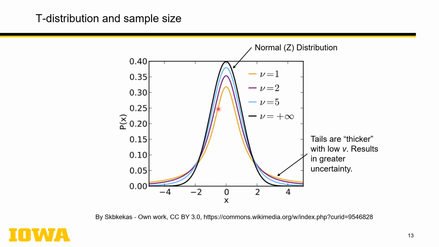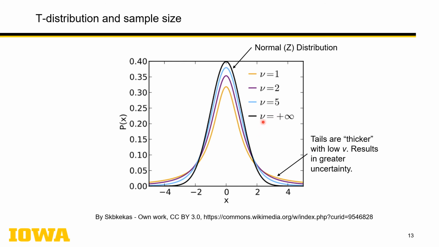So you can see that the distribution for when the degrees of freedom are 1 is lower than the others, and it spreads out much further in terms of the tails. The tails are thicker, as it says, with low degrees of freedom. And this ultimately causes greater uncertainty in our estimates or abilities to distinguish populations.